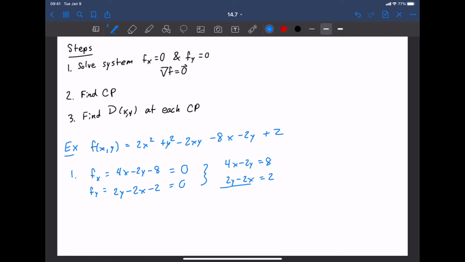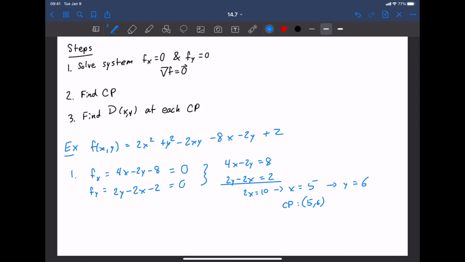If you add these two equations together, you should get that 2x equals 10, which means that x equals 5. And if x equals 5, then y equals 6. So that means the critical point is only (5, 6).